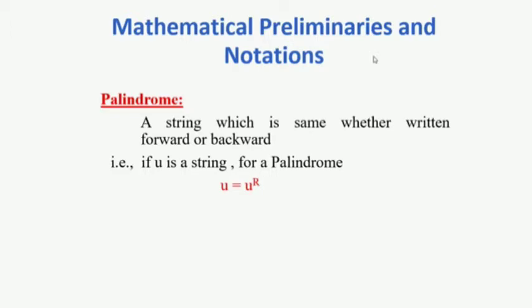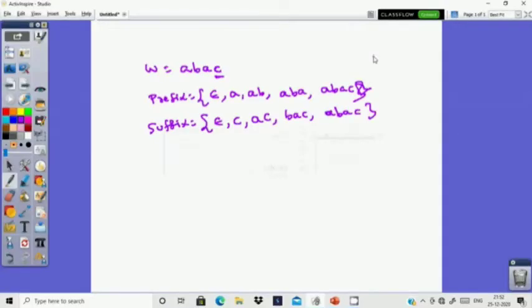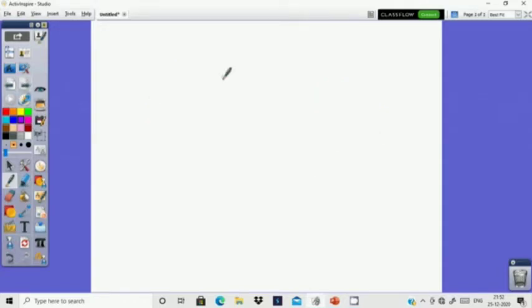So how do you define it mathematically? I will tell you with a set of examples. For instance, let S be a string, and I take the string ABBA. Now if I reverse the string, S to the power of R is the reverse.